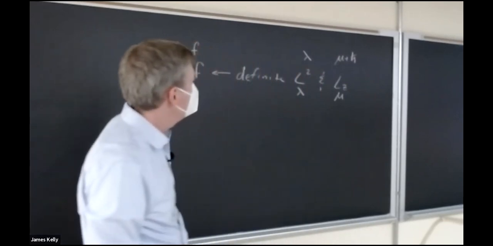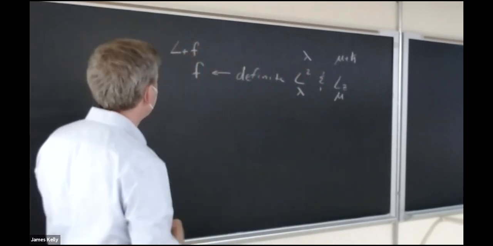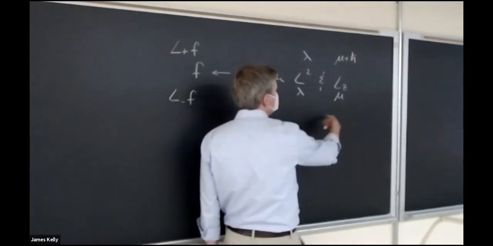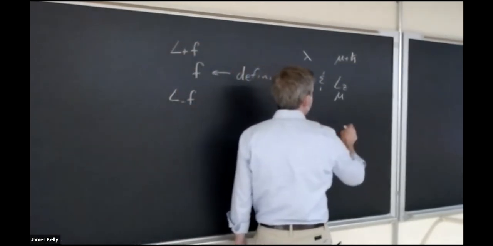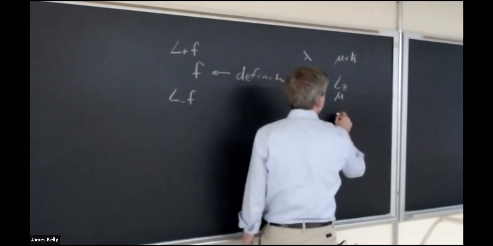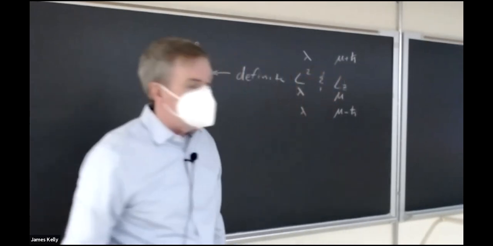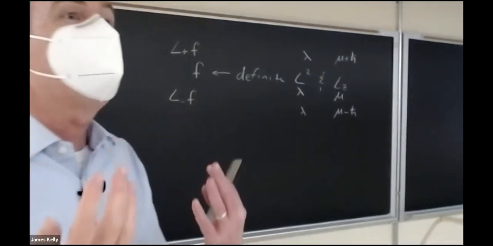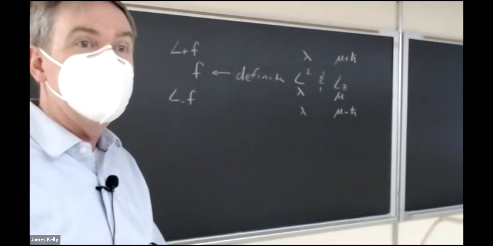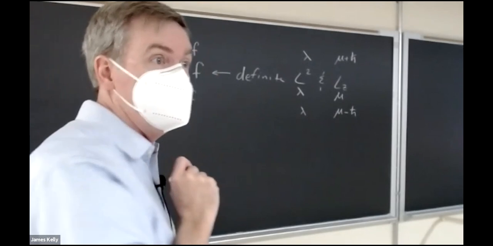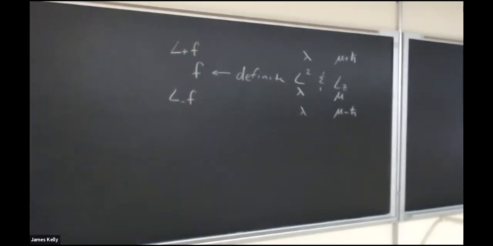The z component of the angular momentum increases by h bar. And if we apply L minus to F, we get another state of definite L squared and Lz. Again, the L squared eigenvalue stays the same, but the Lz eigenvalue decreases. So just like before, the beauty of the algebraic solution is you start with one state and you can generate a whole ladder of states from it. And that's very efficient, much more efficient a lot of times than solving differential equations.